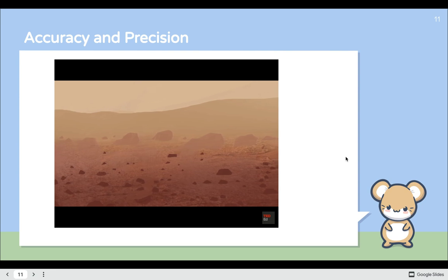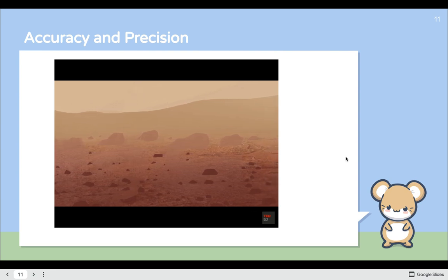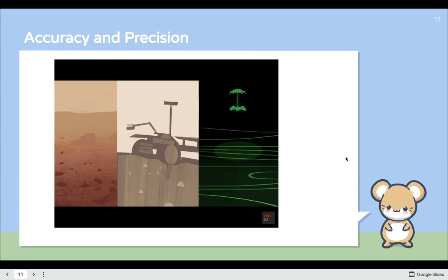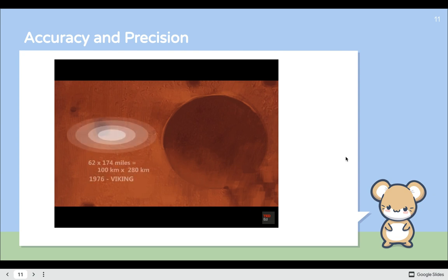Since then, new information about the Martian atmosphere, improved spacecraft technology, and more powerful computer simulations have drastically reduced uncertainty. In 2012, the landing ellipse for the Curiosity lander was only 4 miles wide by 12 miles long, an area more than 200 times smaller than Viking's.